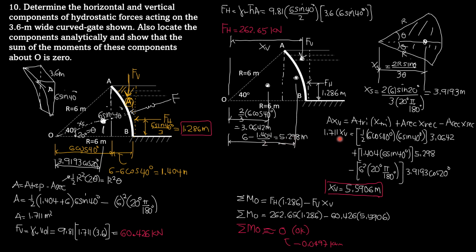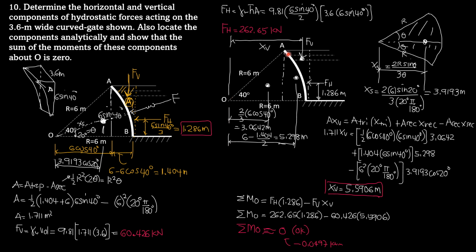So by Varignon's theorem, the area, which is 1.711, times XV, is equal to the area of the triangle times x of triangle plus the area of the rectangle times x of rectangle.